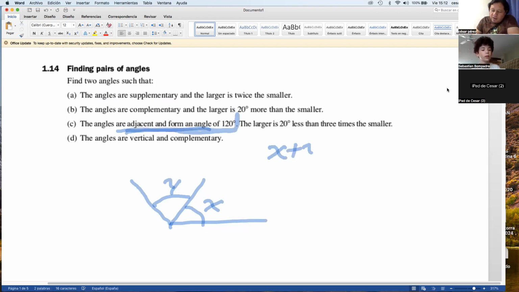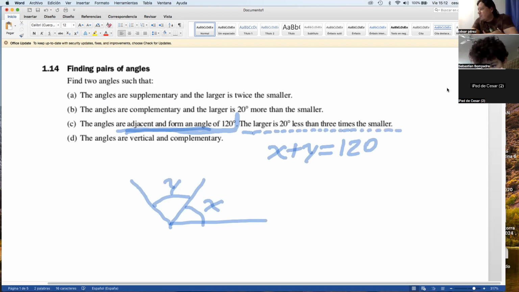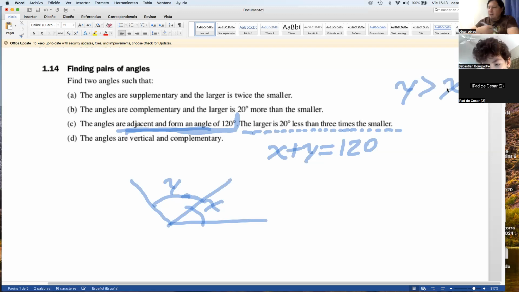x plus y equals 120. And we need to find an equation for this. You can choose. Okay, I will change a little the drawing. So y is greater than x.